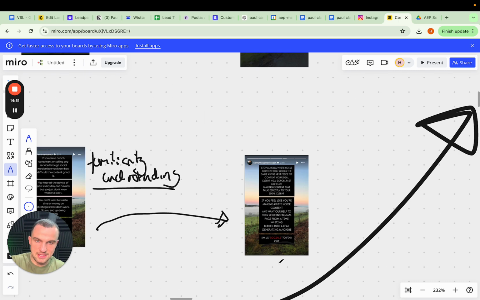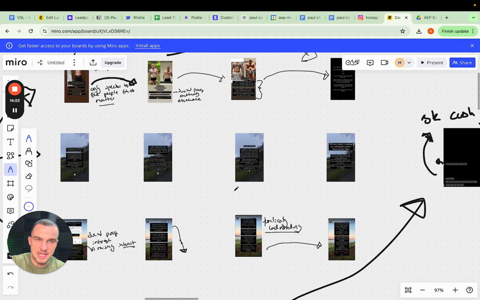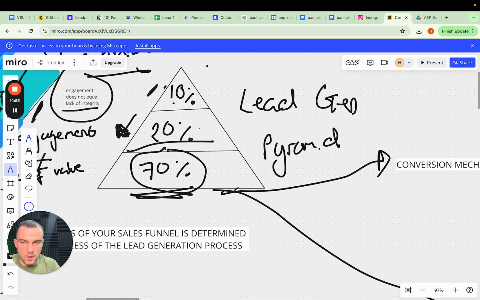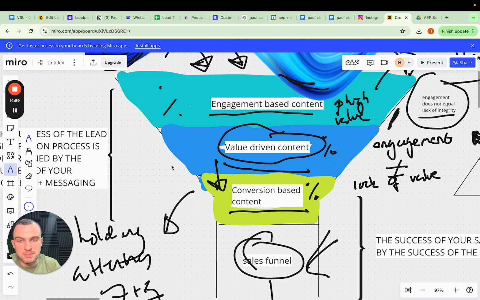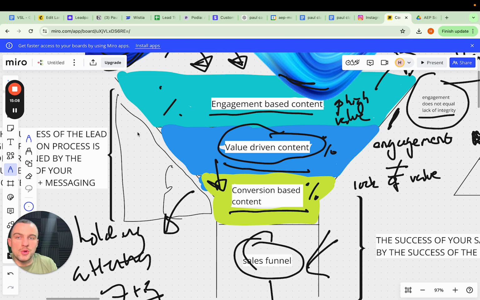This is the content that we make and really think about, that focuses on this portion of the lead generation funnel and this portion of the content funnel. See, we look at this triangle here, okay? Now, we want to increase as much as possible the amount of people who come down this funnel.